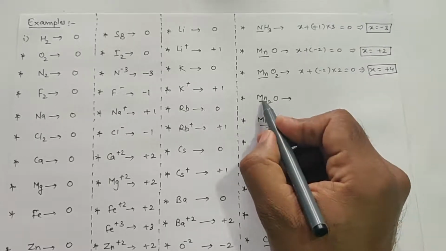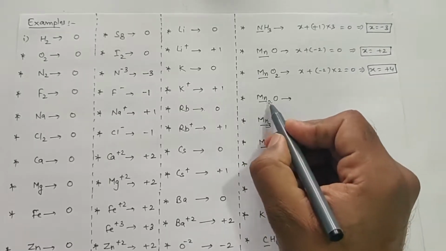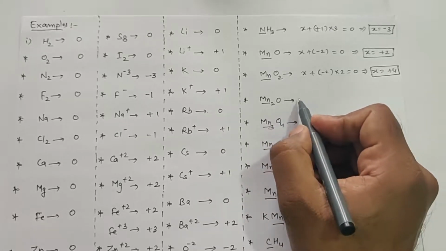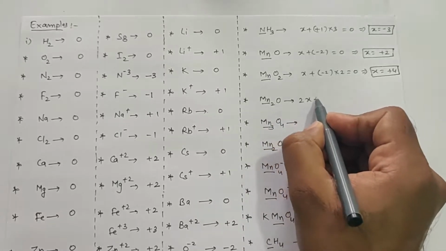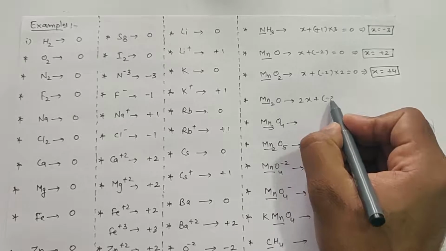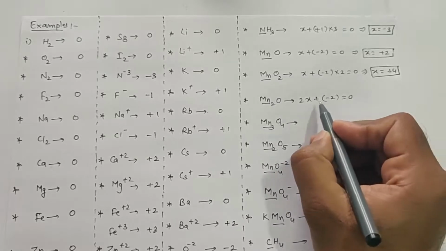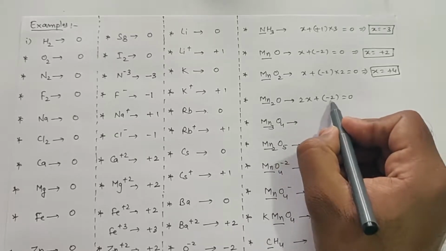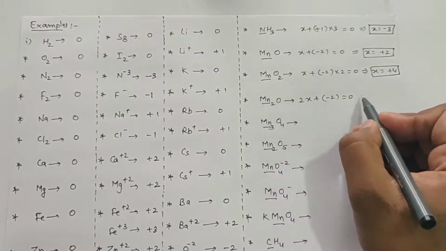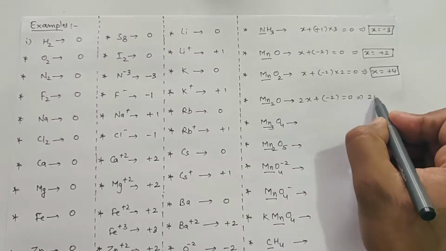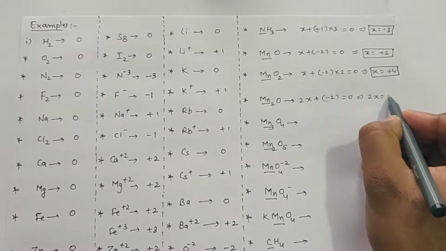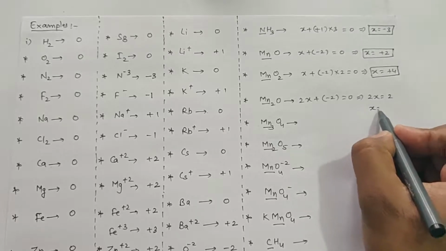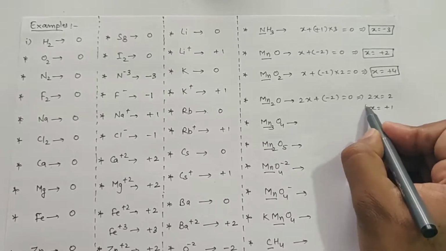Let's discuss Mn2O. There are 2 atoms of manganese. So assume 2X plus -2 equals 0. -2 is the oxidation state of oxygen. 2X equals 2. It will give X equals +1.